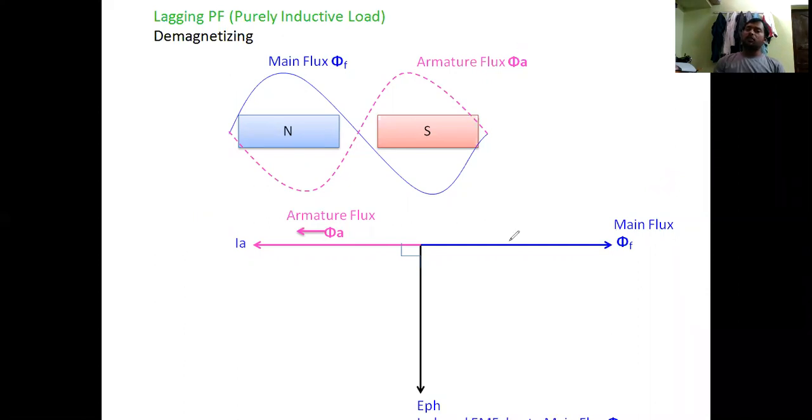In the previous section, I forgot to say one thing. Here, this is the induced EMF for the phase. In the same direction, phi A, IA will appear. This is the cross magnetization effect.